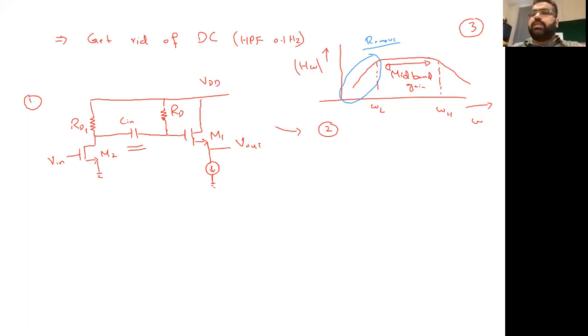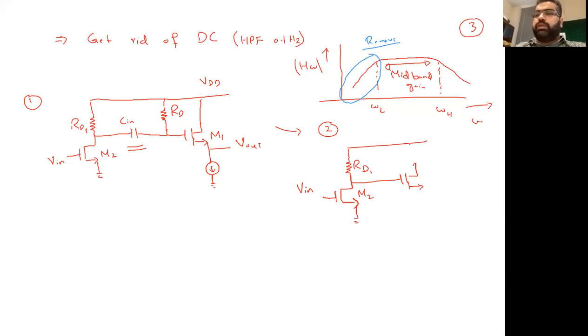Don't put a coupling capacitance like this one, since we just need this M1 as a buffer, and that's the reality. We need M1 as a buffer, but let's not add the coupling capacitance. What's going to be the difference? Now we are directly feeding this without the coupling capacitor to this point.